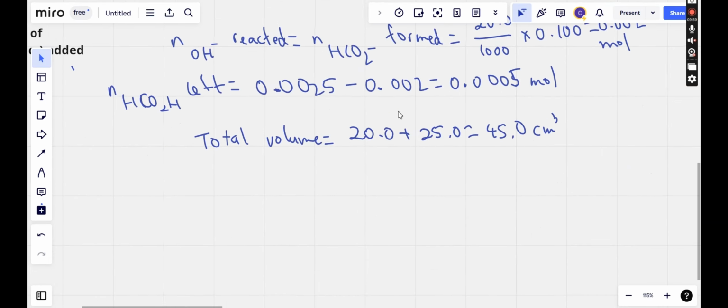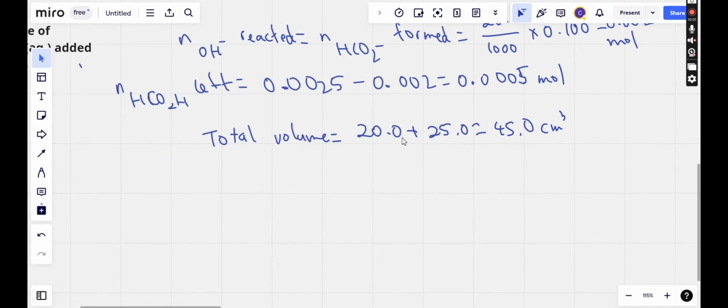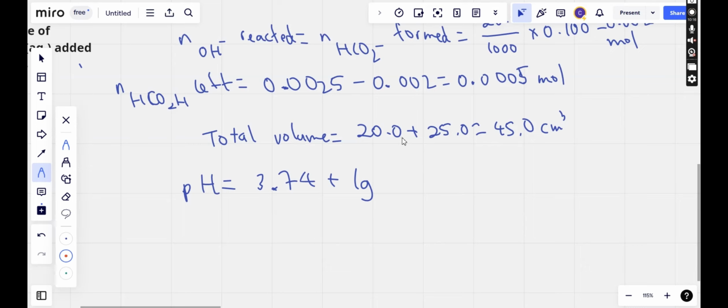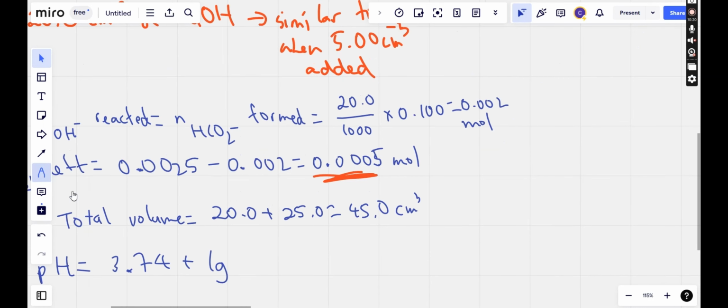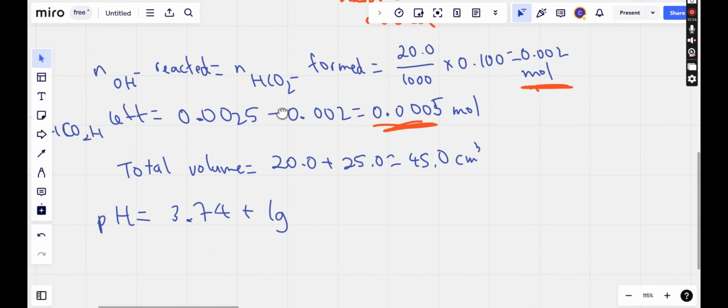Okay, let's continue on. Now let's use the Henderson-Hasselbalch equation. I will go straight into it, instead of writing out the formula pH equals pKa plus log, and then plugging in numbers.